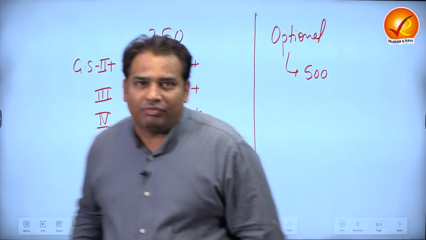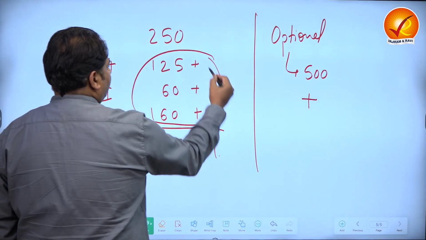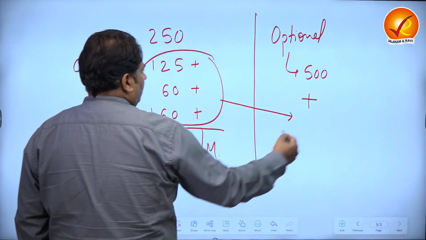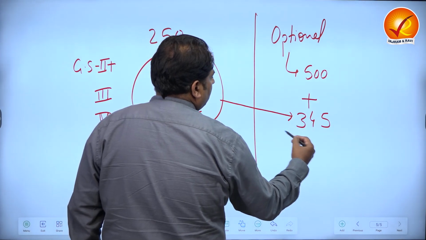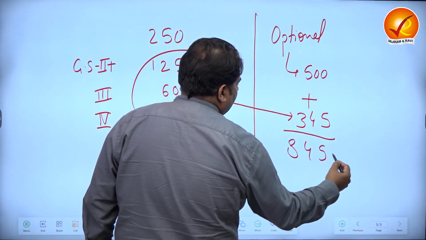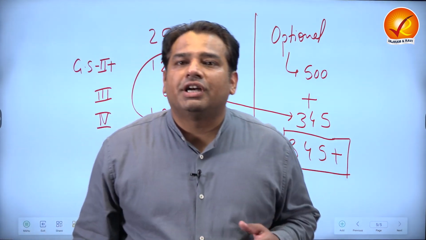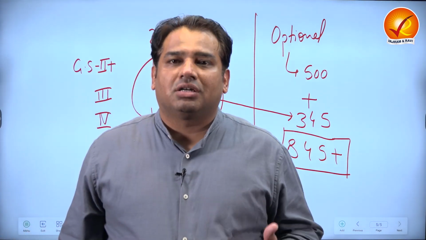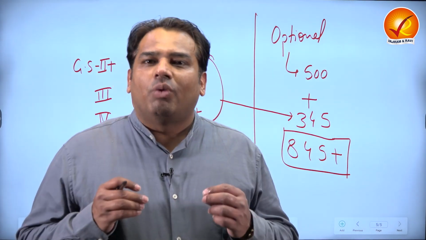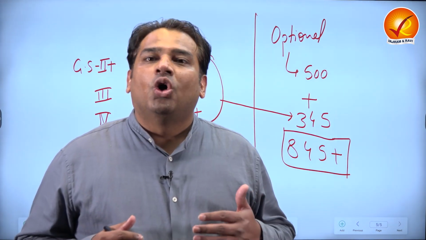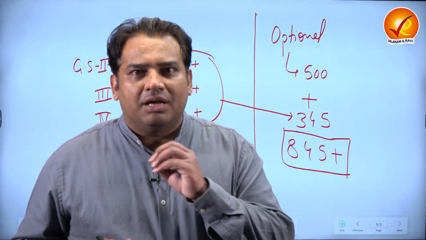PubEd also has 500 marks weightage, but in this 500 marks, if I add this overlapping, this is what we are roughly studying for, around 845 marks. So think wisely about why to choose public administration as an optional, and it is one of the top 5 subjects even in the present scenario.